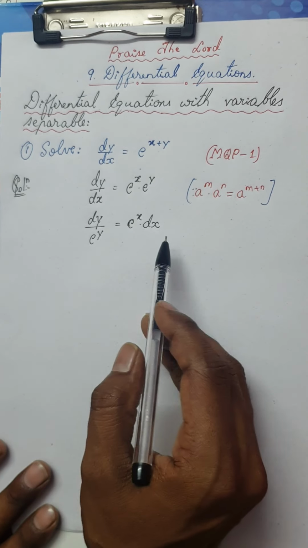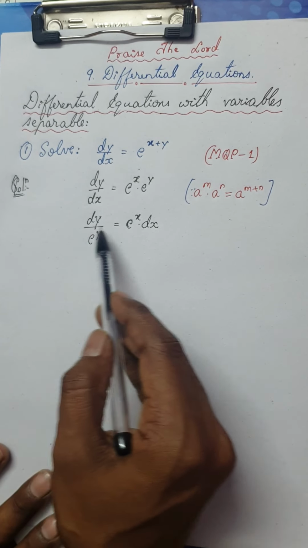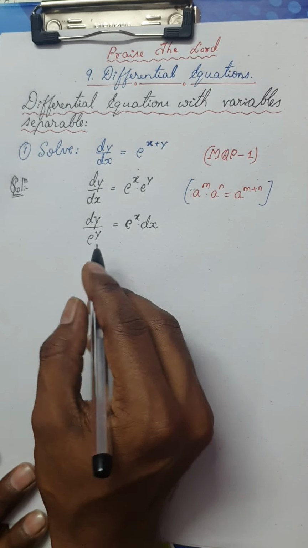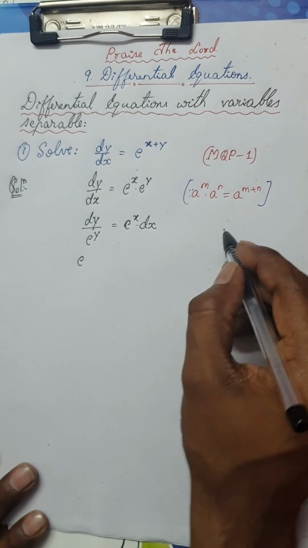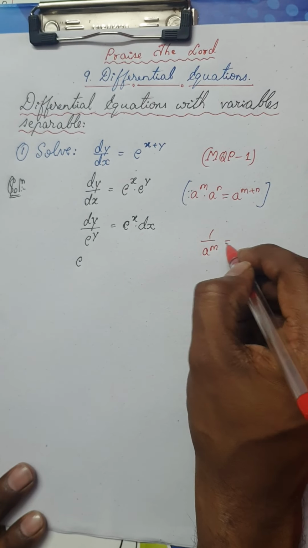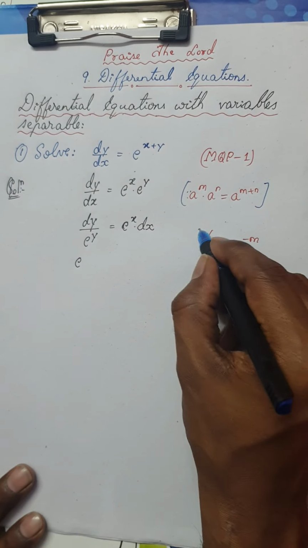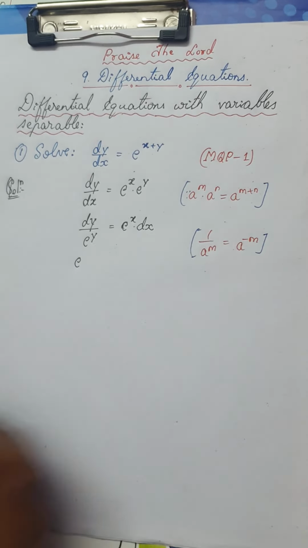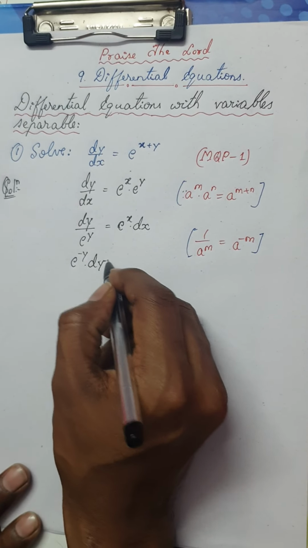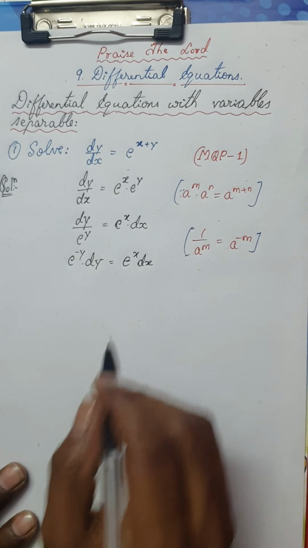This is called variable separable, meaning all the terms related to y are on one side and all the terms related to x are on the other side. This can further be written, using the laws of indices, 1 by a power m would be a power minus m, isn't it? So if I use this law here, I would get e power minus y into dy is nothing but e power x into dx, isn't it?